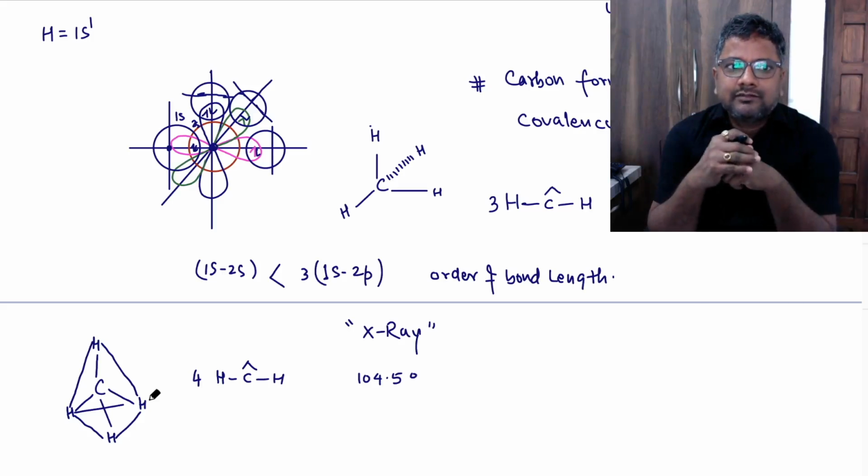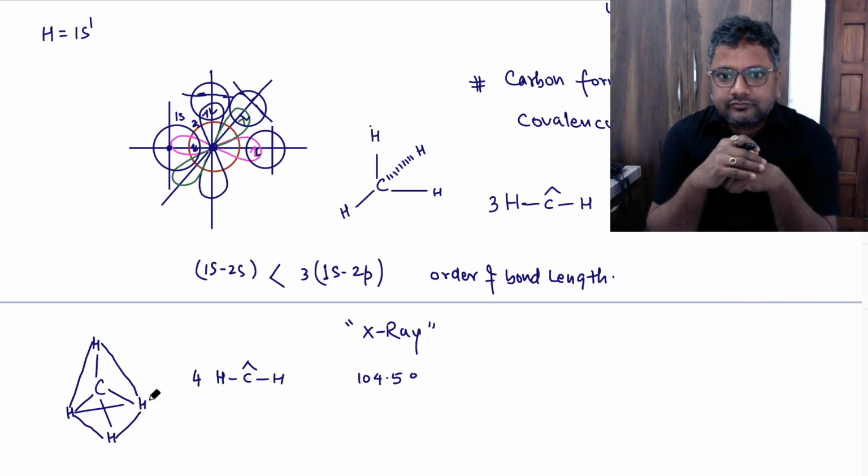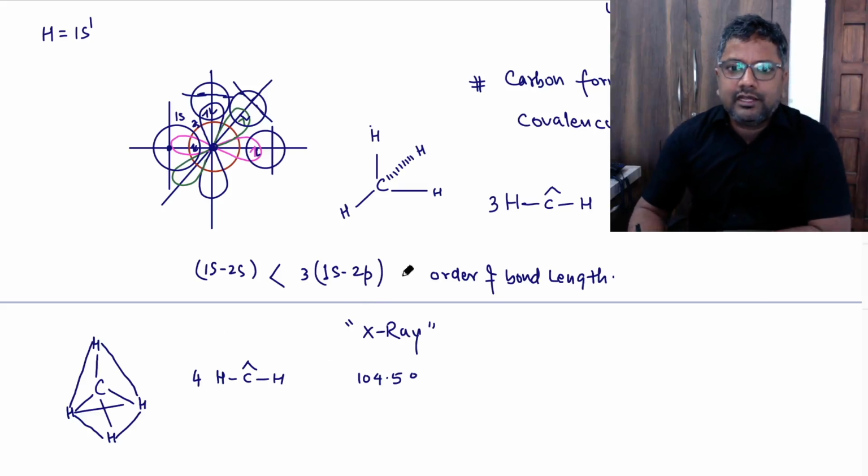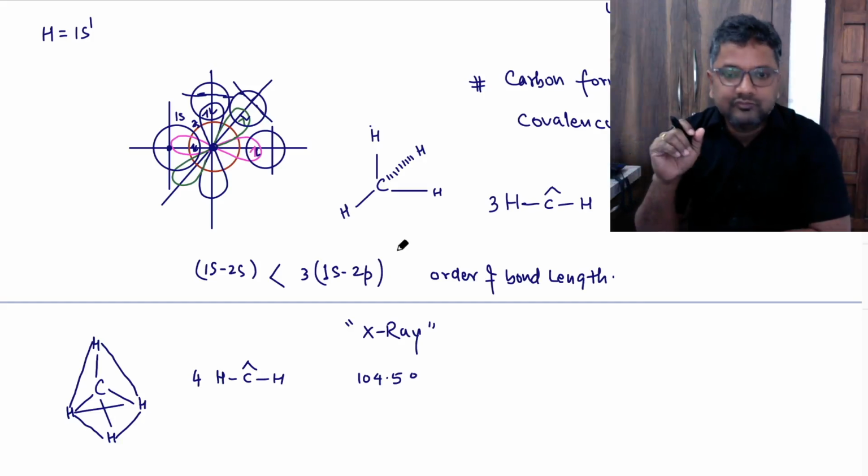You will get the perfect tetrahedron with this bond angle 104.5 degree, right? So this feature of the molecule, even the overlapping and bonding, is not at all explained by this VBT, right?